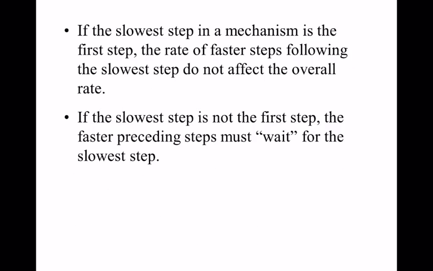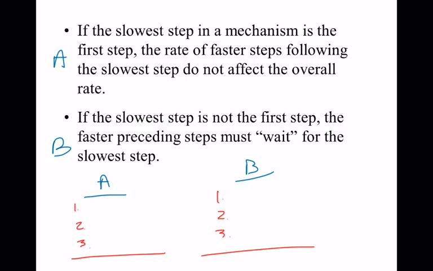Okay, so I have a couple of scenarios here. What I've been describing, if we call this A and we call this B, and for A, behind the scenes, let's make them both 3. 1, 2, 3, add them together, overall reaction of interest. And then for B, 1, 2, 3, overall reaction of interest.